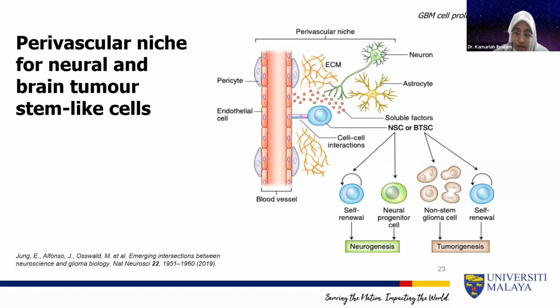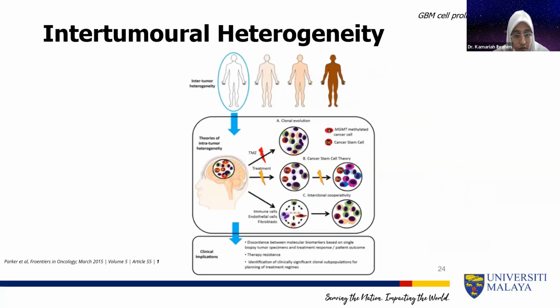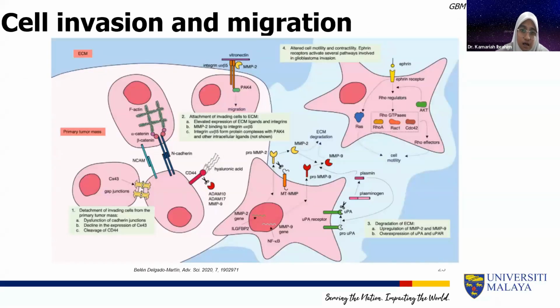Within this niche, the cells are in direct contact with brain microvessels that provide a specific perivascular niche, and this interaction allows the astrocytes, neurons and pericytes to supply this specialized microenvironment through cell-cell interaction, which includes the Notch ligand, for example, and the secretion of soluble factors which allow the survival of, for example, non-stem glioma cells, which then provides tumorigenesis.